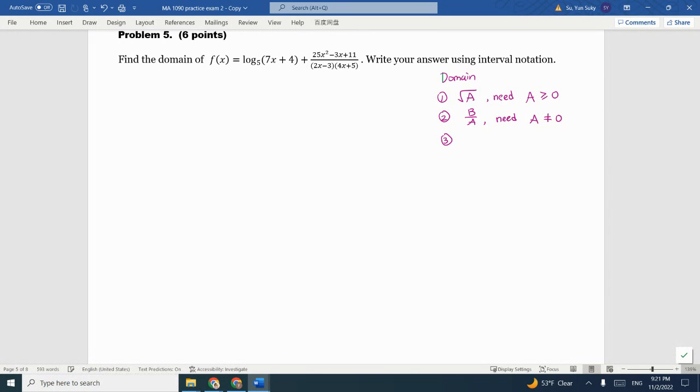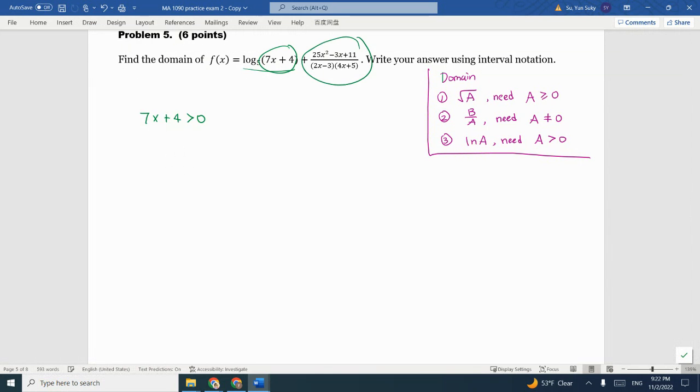If we have ln, then we need the thing inside the ln to be positive. So keep that in mind. Now come back to our problem. Look at this term. Oh, you see we have log. Log and ln are the same thing, right? Then we need the thing inside the log to be positive.